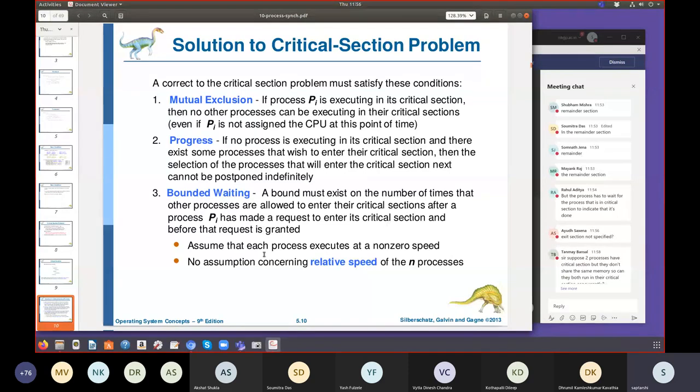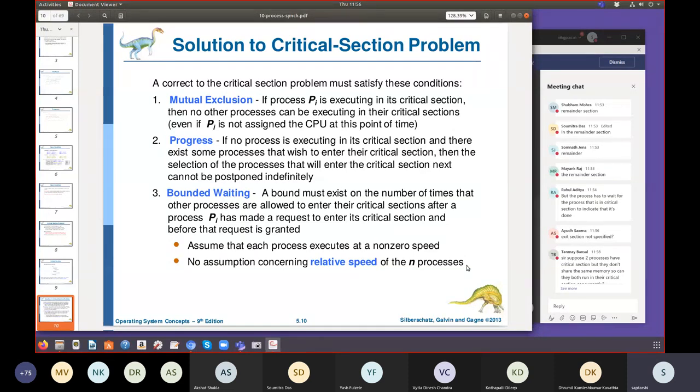Assume that each process executes at a non-zero speed, and there is no assumption concerning the relative speed of the n processes. In some theoretical situation, one process may have a very small critical section and another process a very big critical section. Maybe they both share a big table, but one process has to update every entry of that table, while another process has just to read one entry.